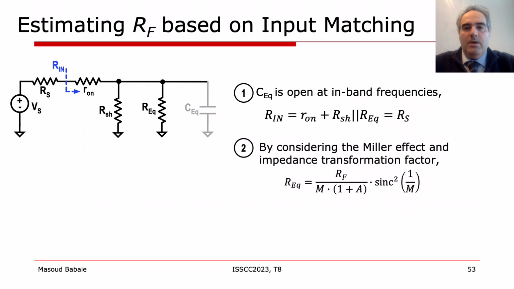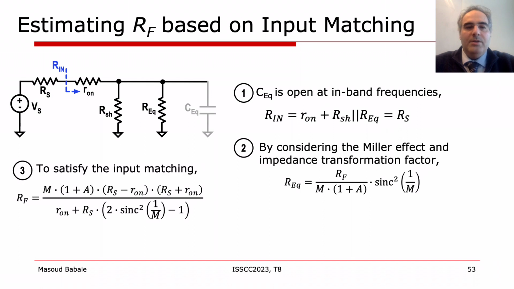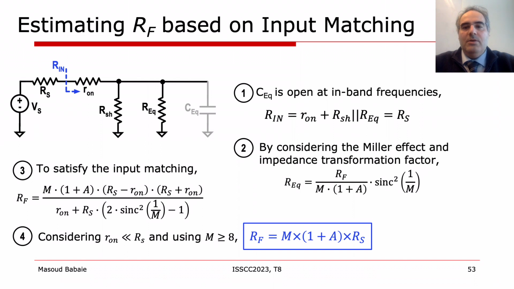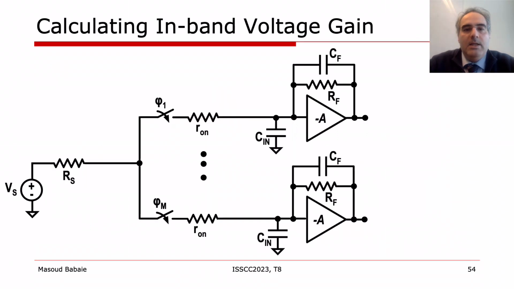By using the R equivalent and R_SH equations calculated in the previous slides, one can estimate the Rf value via this complex equation. Considering that sinc squared of 1 over M is close to 1 and R-on is much smaller than Rs, the Rf value can be calculated by this simple equation, which is the product of M, A, and Rs. In the next step, I am going to calculate the receiver gain.